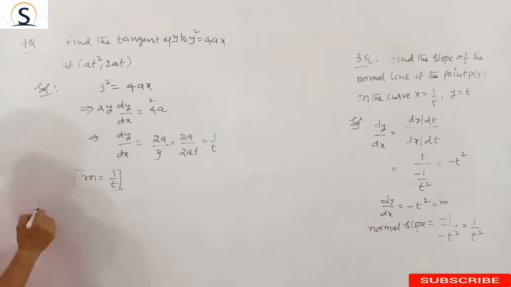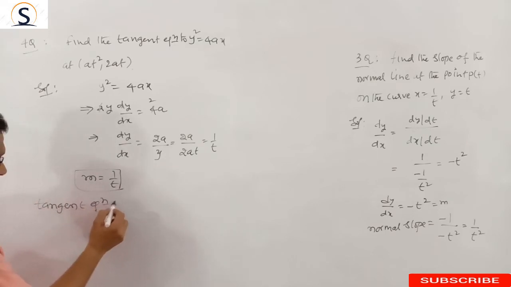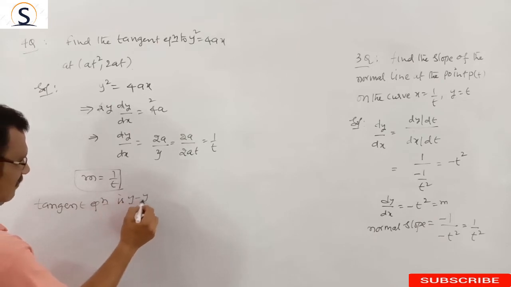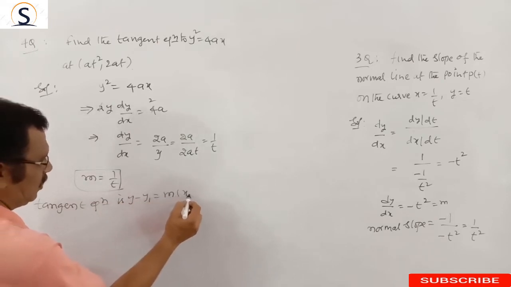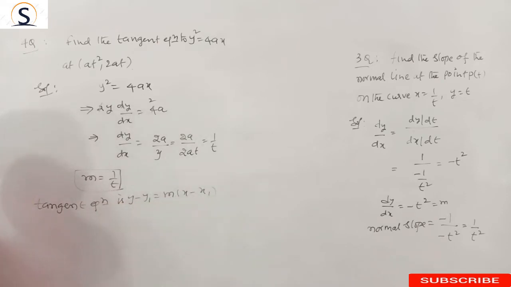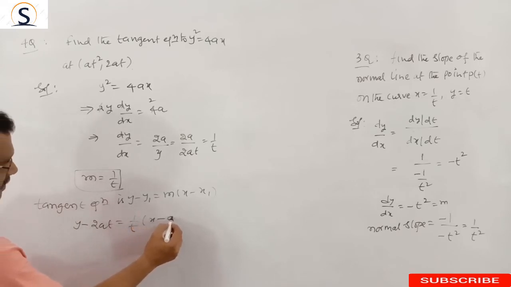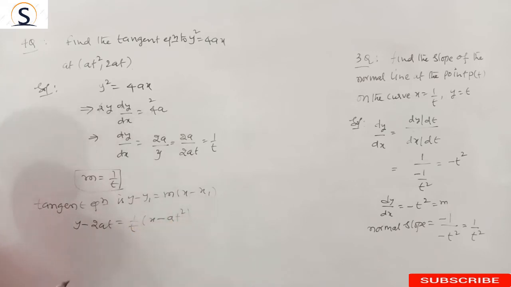Next, the tangent equation is y minus y1 is equal to m into x minus x1. So y minus 2at is equal to 1 by t times x minus at square.